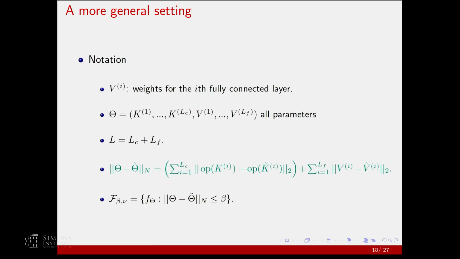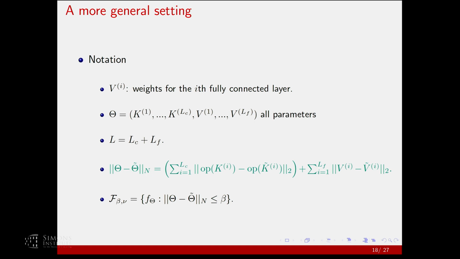The notation we use here: we use V_i to refer to weights for the fully connected layers, and theta is our whole set of parameters, which means the kernels corresponding to convolutions and the V's corresponding to fully connected layers. So your depth is essentially L_C plus L_F.